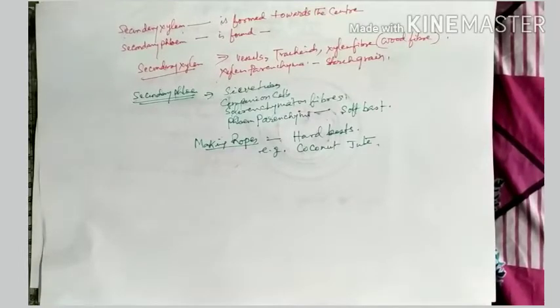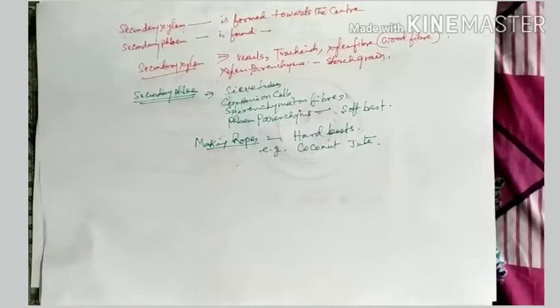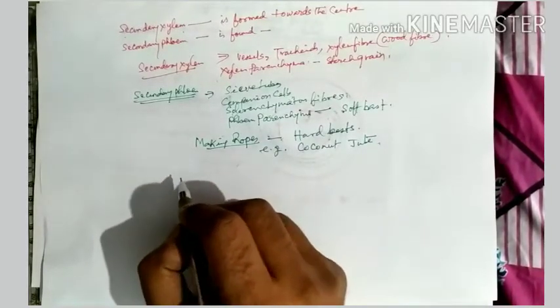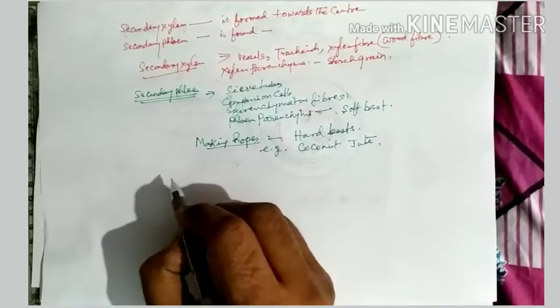Sometimes, in some plants, the secondary tissue cut by the cambium does not differentiate into xylem and phloem.